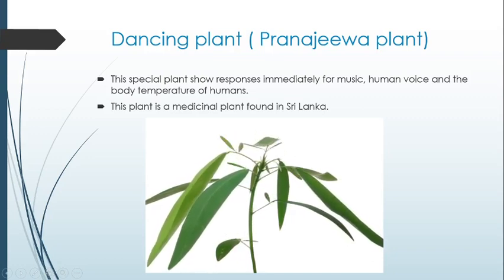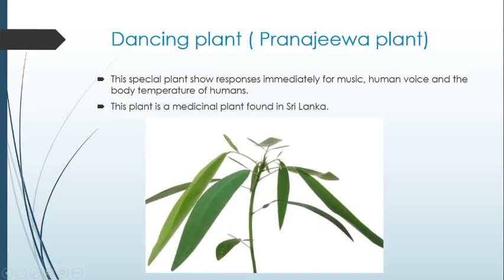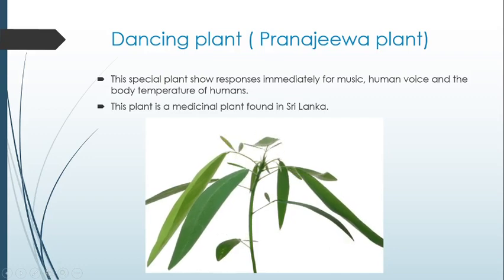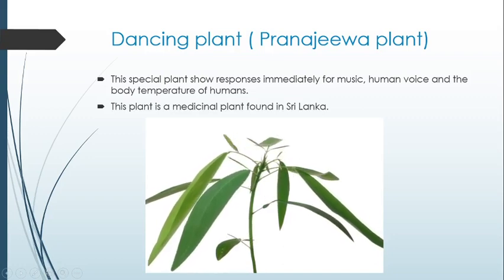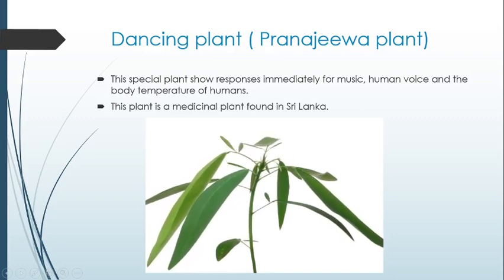In the diagram, you can see there are feather-like small leaflets around the large leaf. These small leaflets are the moving parts of this plant. They are the dancing parts of this plant.